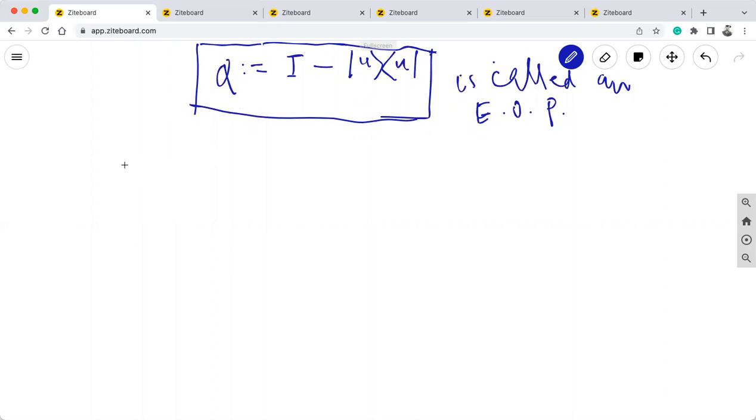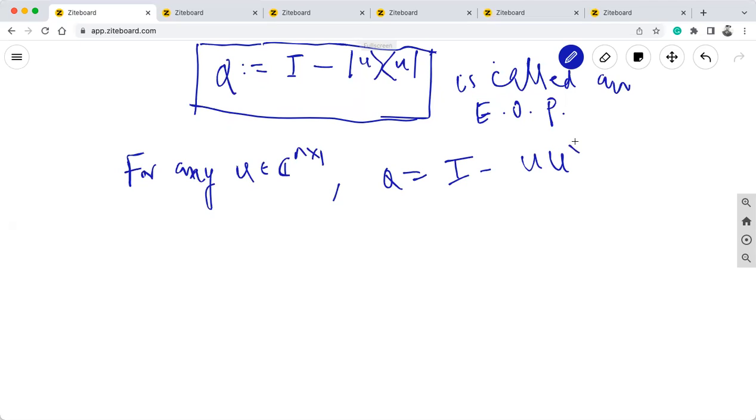So for any arbitrary u, not necessarily a unit norm vector, some complex n cross 1 vector, then this elementary orthogonal projector will be the identity matrix minus u into u star divided by its norm squared. Okay, so you are just normalizing this.